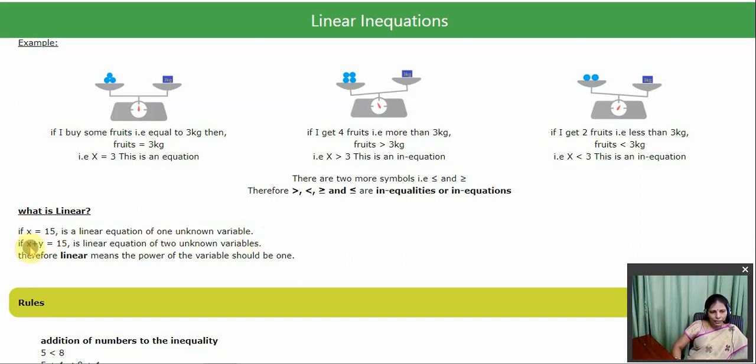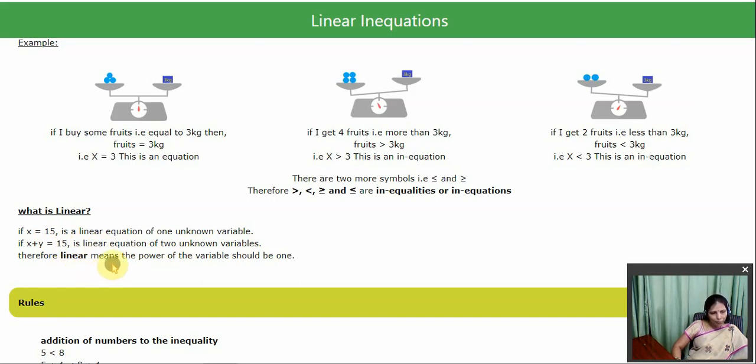Now I have given you another example. x plus y is equal to 15 is again a linear equation of two unknown variables. So here we have two unknown variables, that is x and y. I think by looking at these two examples, you should have understood a little bit about linear.